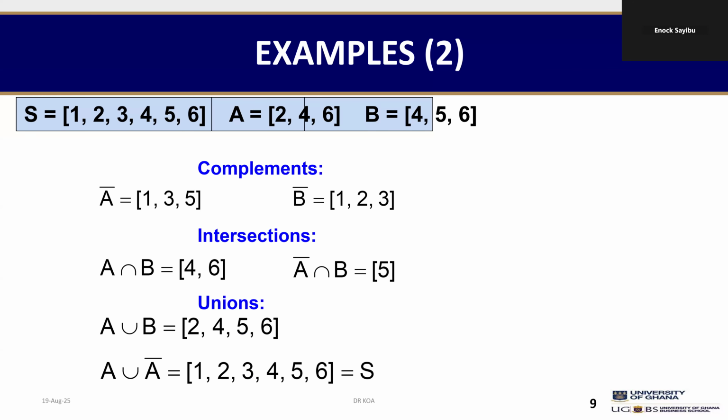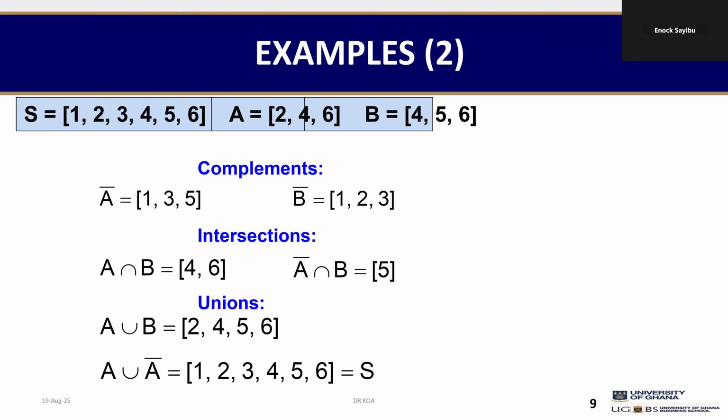Sir, please, I have a question. Go ahead. So in that light, can we say that any set union its complement is the universal set? Yes, exactly, it's the universal set.